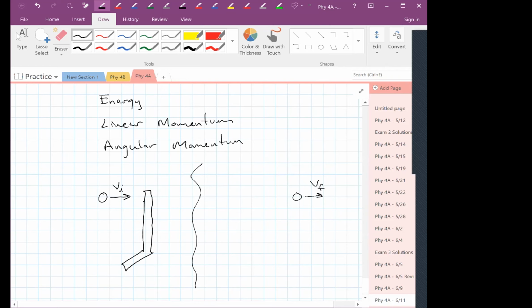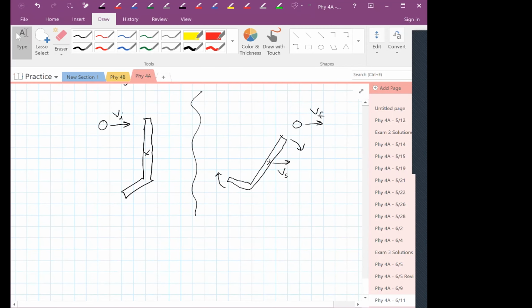And the hockey stick, what's the hockey stick doing? The hockey stick is rotating. And what else is it doing? It's moving, right? And what do we know about this problem?